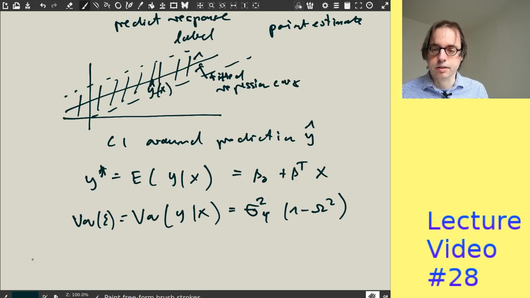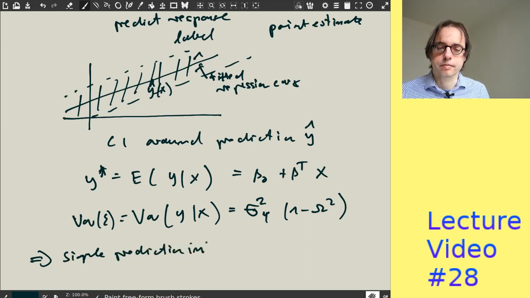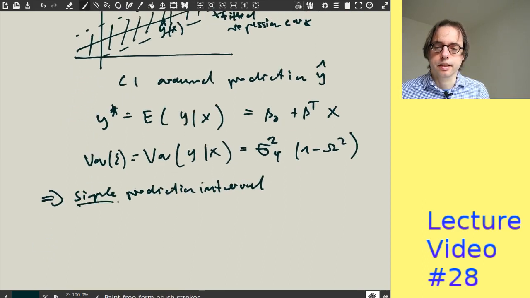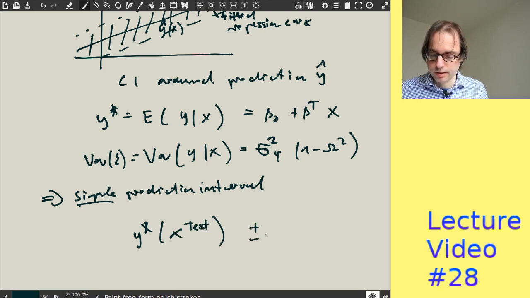So a simple prediction interval is given by y star of x test plus minus some critical value times the standard error of epsilon.